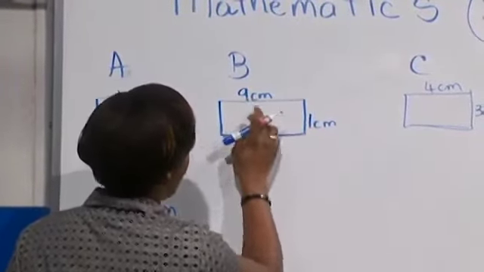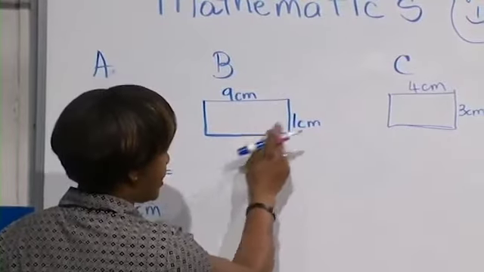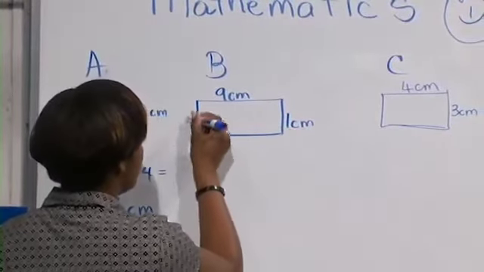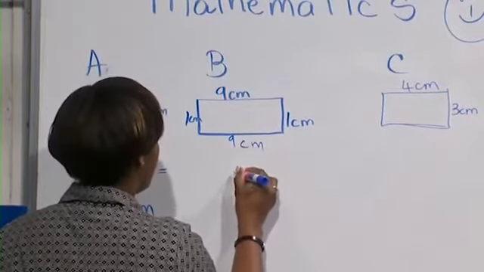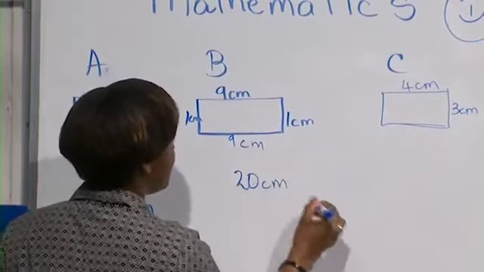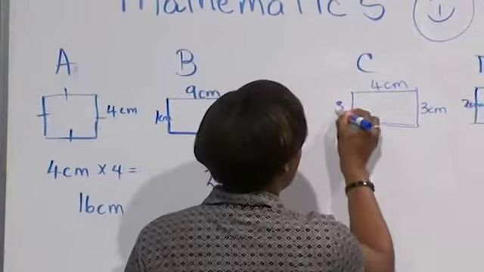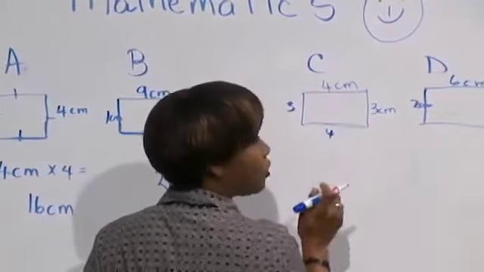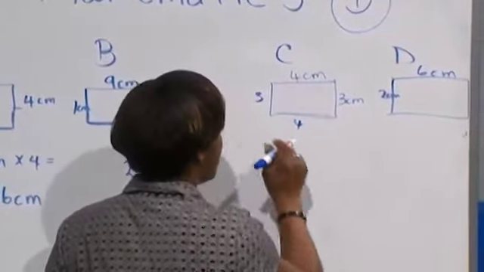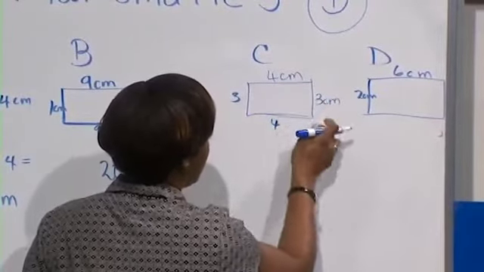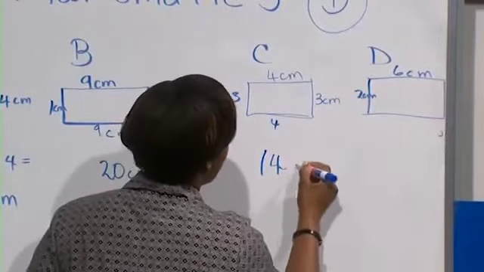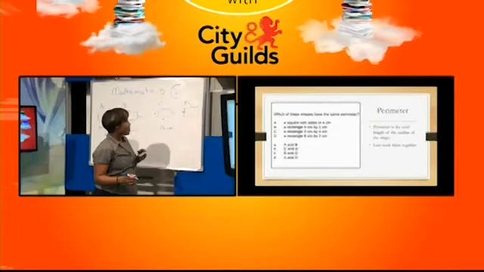All right, now 9 plus 9 is 18, 18 plus 2, so that would give me 20. Good. So this is 20 centimeters. Now this is 3, this is 4. So 4 and 4 is 8. 8 plus 6 is 14. So it's 14 centimeters right there.